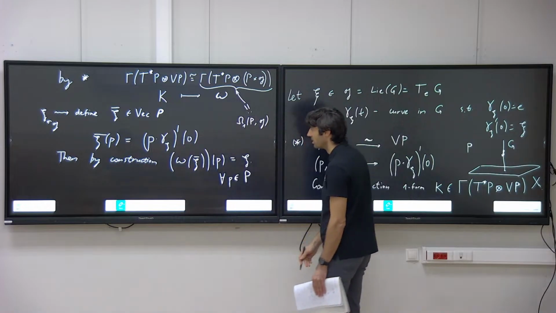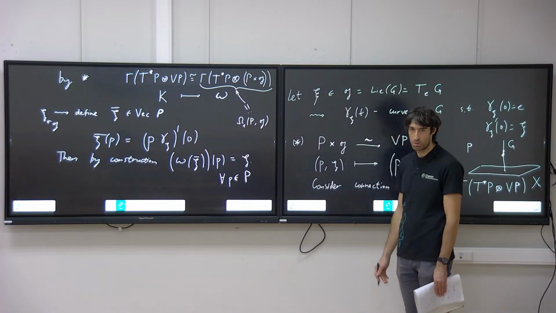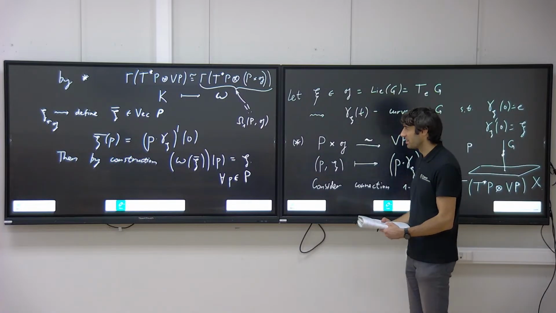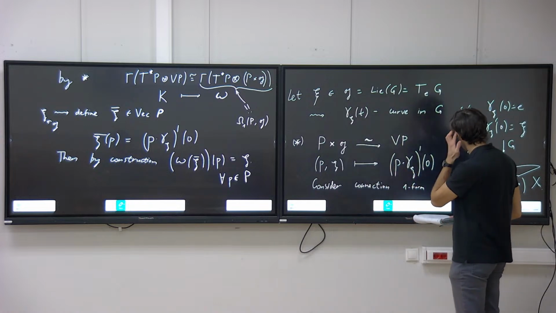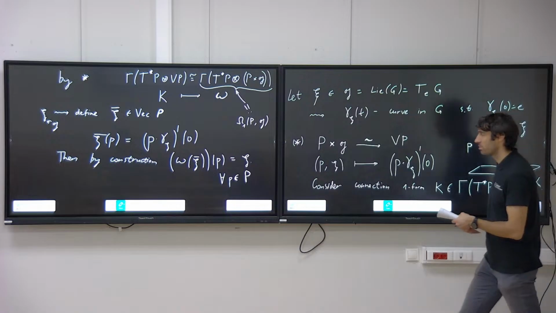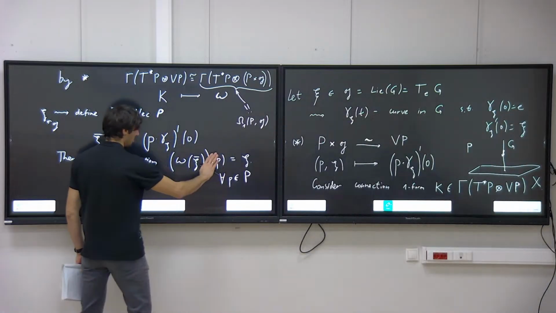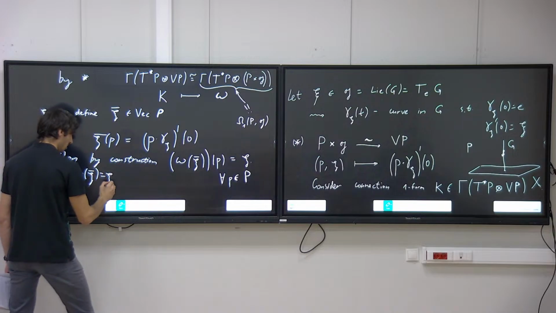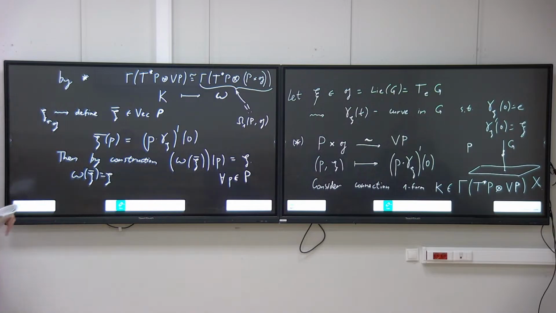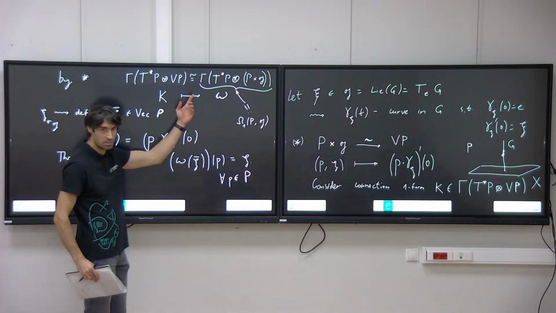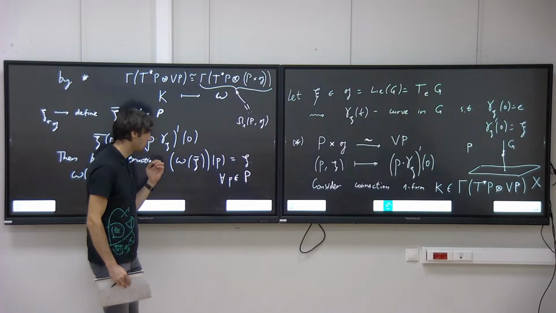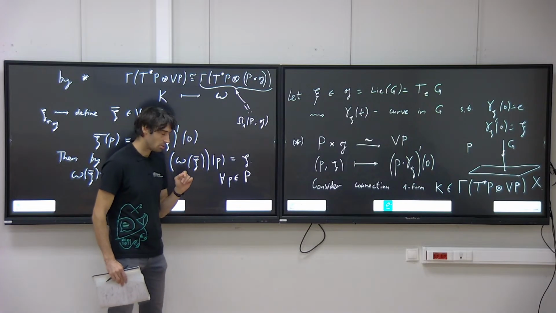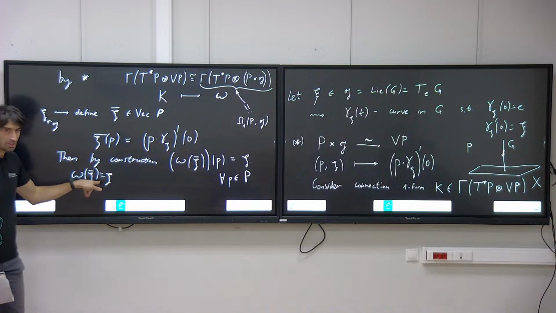So this is just rewriting in formulas really this picture again and again. But sometimes I will abuse the notation and say omega of psi bar is psi, meaning this, for any P. Because omega of psi bar is a function on P with values in the algebra, and so this is a constant function with the value psi.